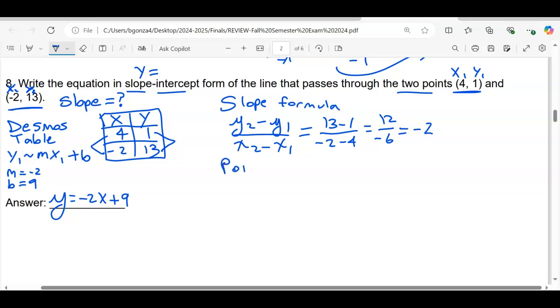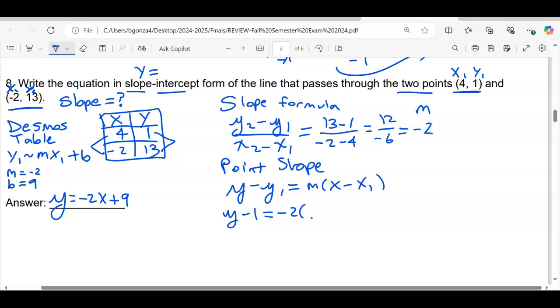And now we do point-slope formula. y minus y1 equals m(x minus x1). So again, we're going to use that first point as my x1, y1, and my slope, my m, is now -2. So y minus 1 equals -2(x minus 4).